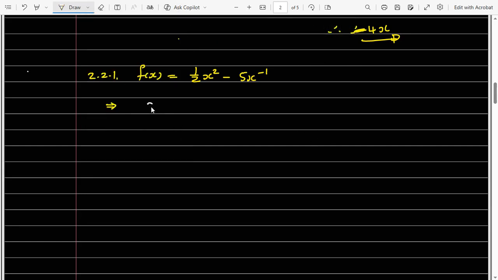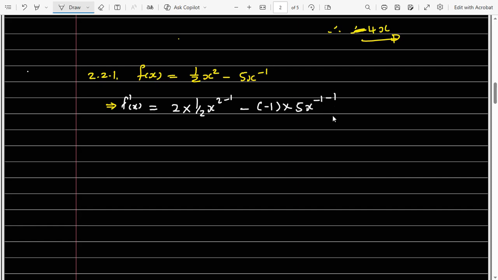So my f prime at x will be 2 multiplied by 1 over 2x to the power 2 minus 1, then minus into minus 1 times 5 to the power x minus 1 minus 1.